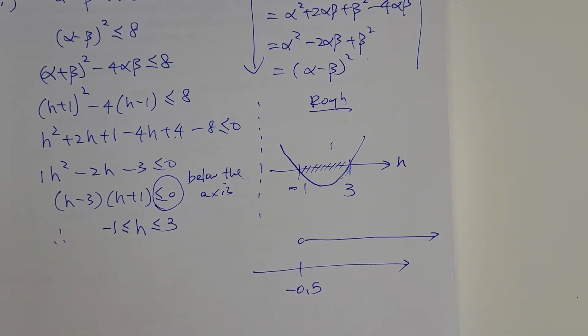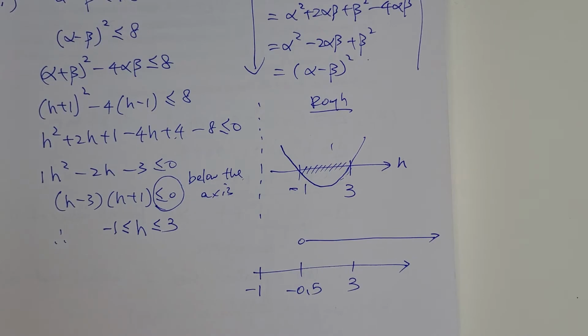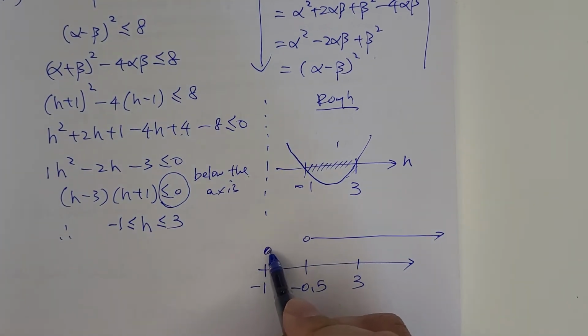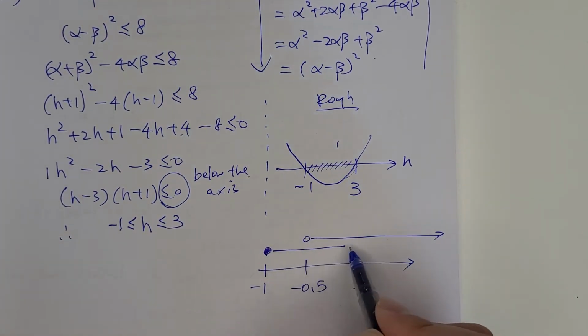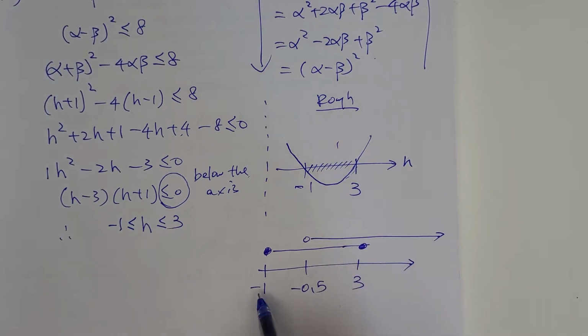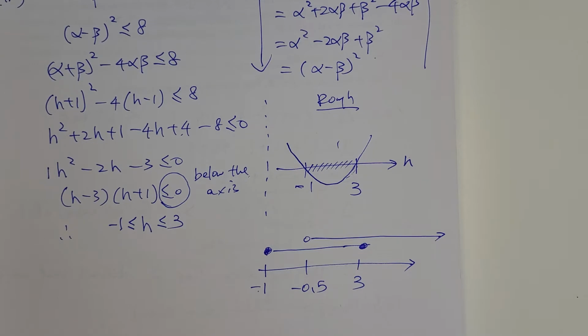Another inequality is h should lie between -1 up to 3. We use the solid circle because -1 and 3 should be included. You need to satisfy both conditions.